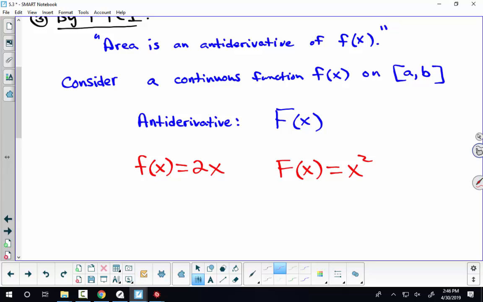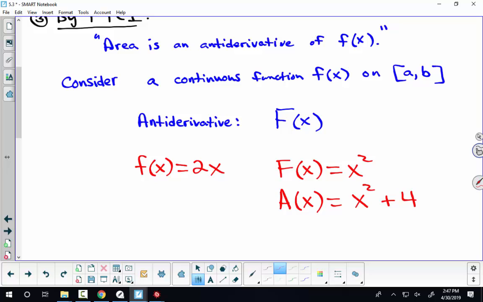I could say I've got another antiderivative, call it capital A. Another antiderivative I could say is x squared plus 4. Both are antiderivatives of 2x. Do you all agree? Because if we take the derivative of either capital A or capital F, we get lowercase f.